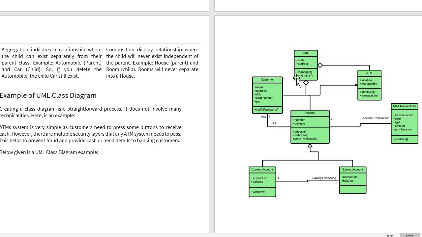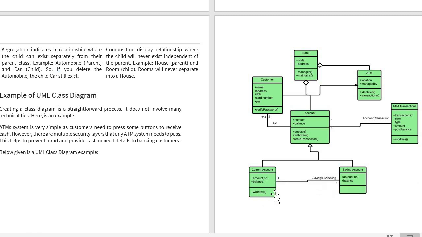Here the operations for customer are verify password. Bank can manage and maintain the customer's accounts. For ATM, we give identifies and transactions. For ATM transactions, we can give modifies. For savings account, if you do not need any operations, you can leave the third compartment blank.